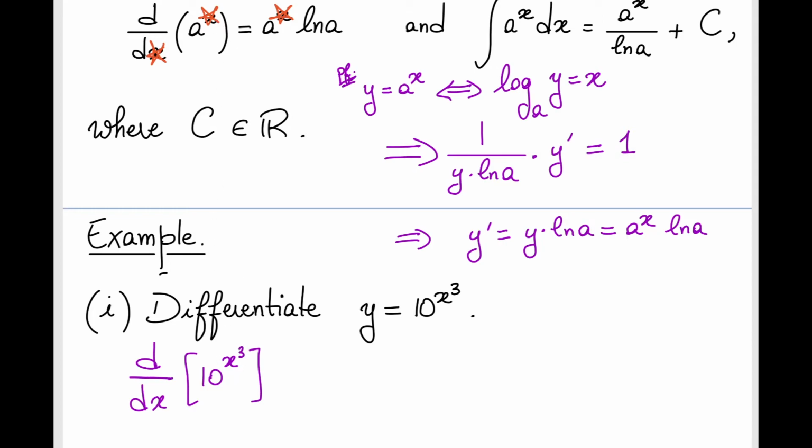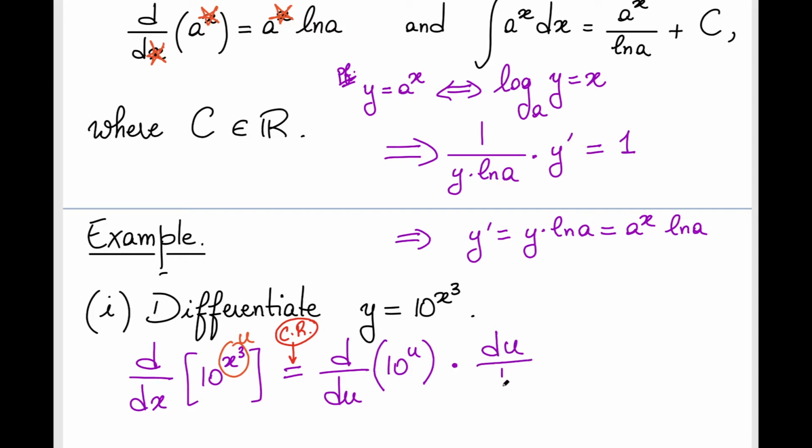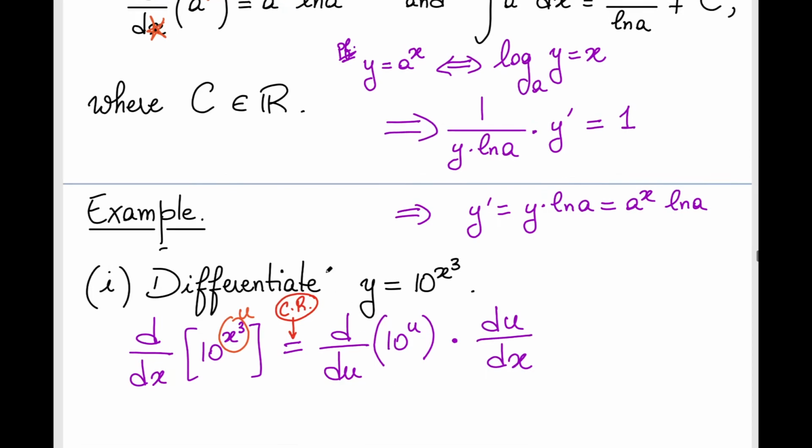So chain rule, let's call it u. This is a composition of two functions. So I'm going to differentiate with respect to u, using the chain rule. I'm differentiating 10 to the power u with respect to u. I'm multiplying this with the derivative of u with respect to x. Now I have this format.